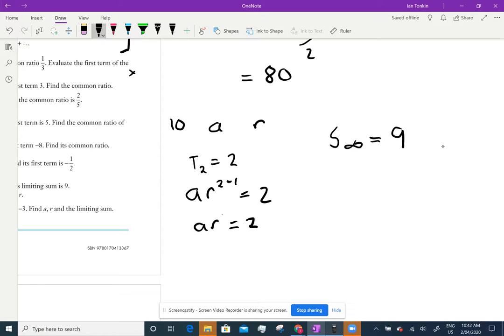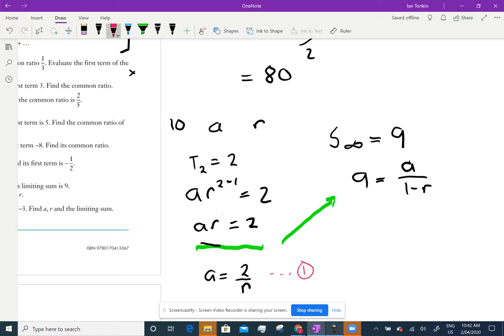So 9 equals A on 1 minus R. Well, I can either rewrite this equation so R is the subject or A is the subject. And I'm thinking it's going to be easier for me to write A as the subject and then substitute it into this one. So let's try that. A equals 2 on R. I'm going to call this equation number 1. I'm going to call this equation number 2.